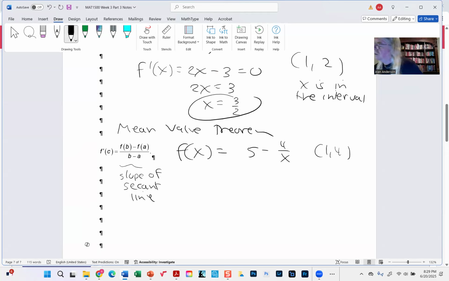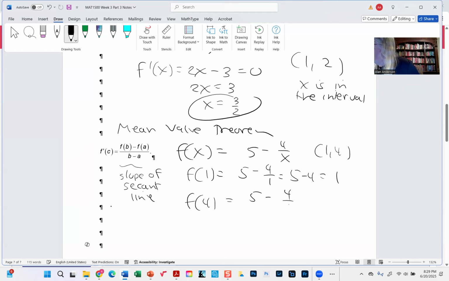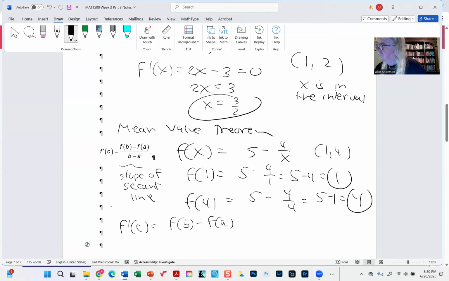So f of 1 equals 5 minus 4 over 1. And f of 4 is 5 minus 4 over 4. So we're guaranteed the existence of a point c. So we can think of this as a, and this is b. Okay.